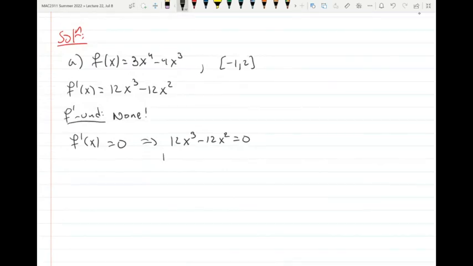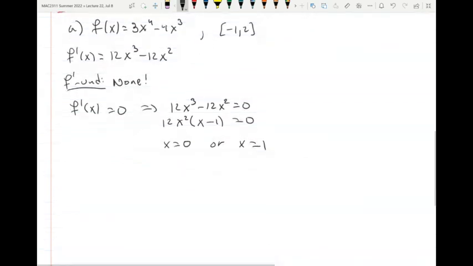We can factor this, taking out 12x squared, and we get an x minus 1. From here we get two solutions, x equals 0 or x equals 1. Notice that both of these are inside the interval in question, which is negative 1 to 2, so we want to use both.